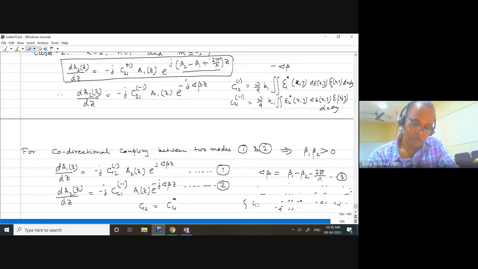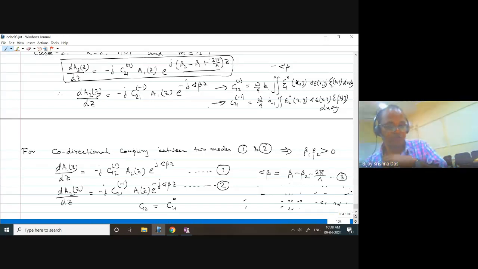If you just observe these two equations, then you can easily write that C12 equal to C21 star. Assuming it can be shown that if B1 values are complex, then B1 and B minus 1 will also be complex conjugate.